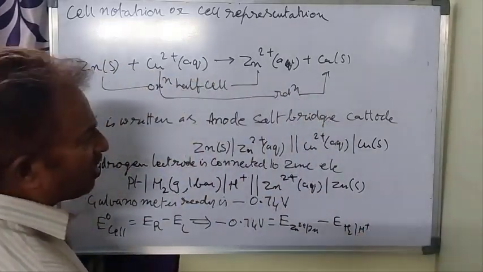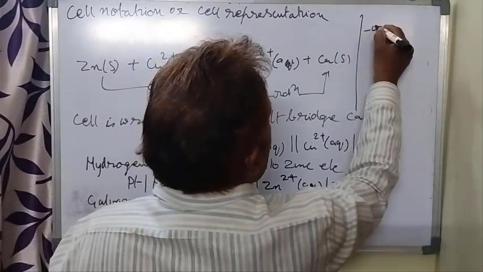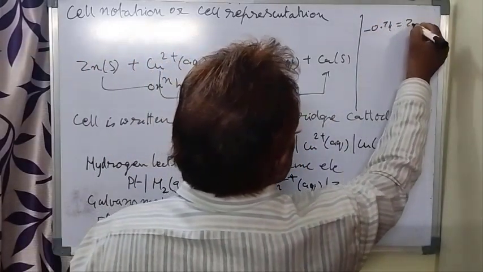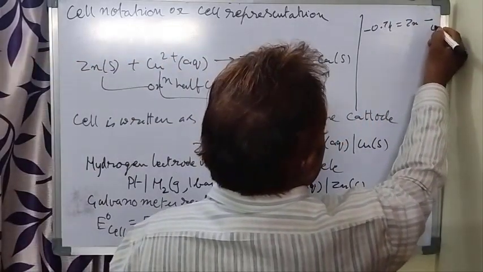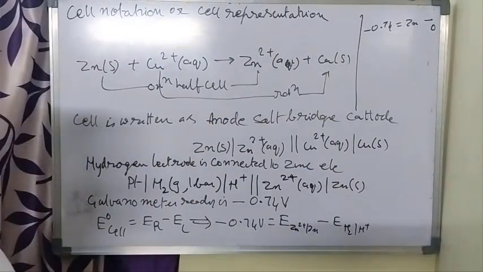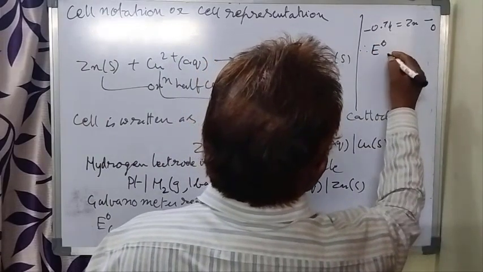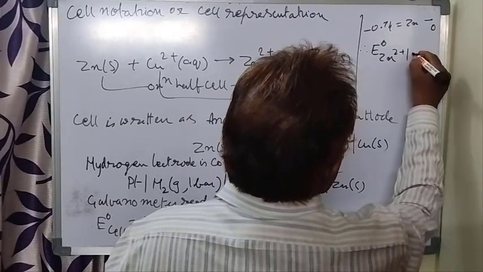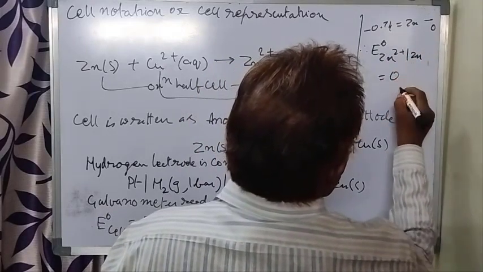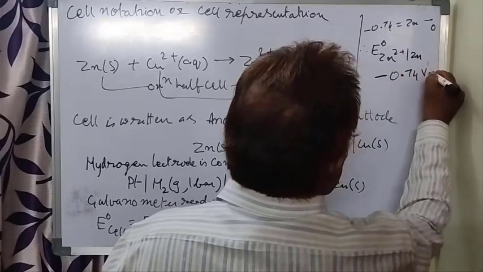Therefore minus 0.74 is equal to the zinc electrode. And what is the hydrogen? Hydrogen in any case is zero, whether it acts as anode or cathode. Therefore, E0 of Zn2+ oblique Zn is minus 0.74 V.